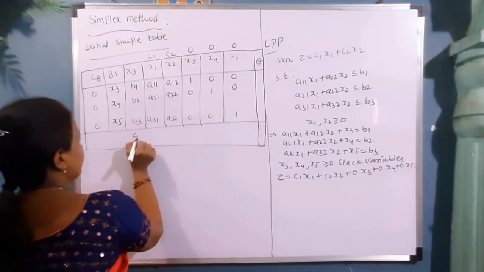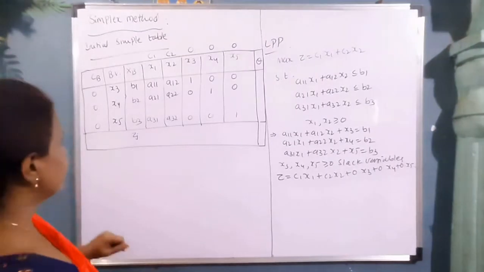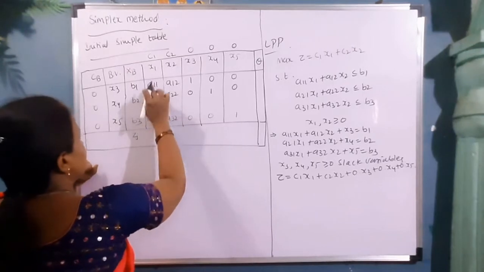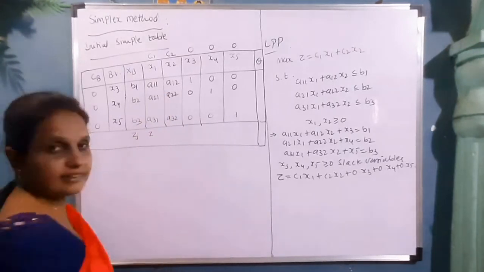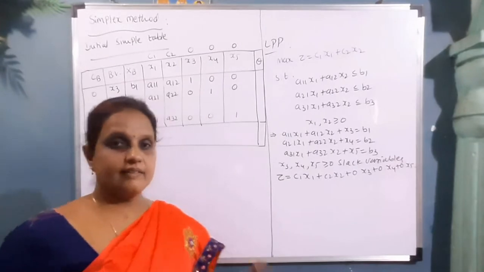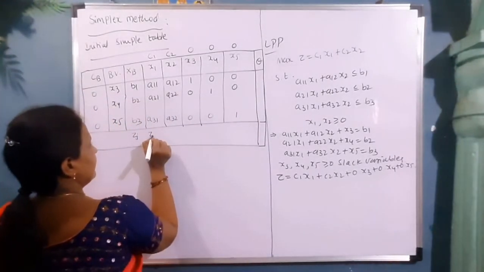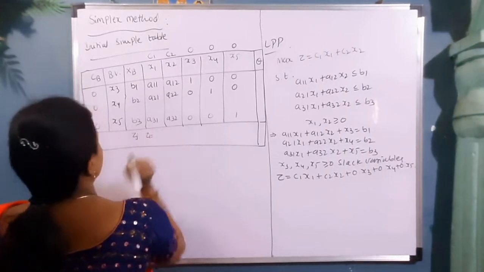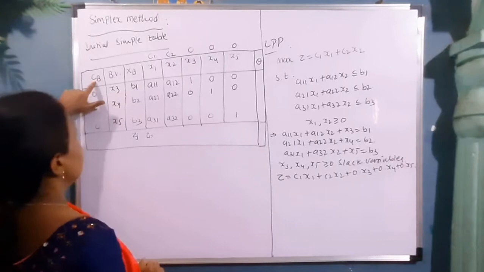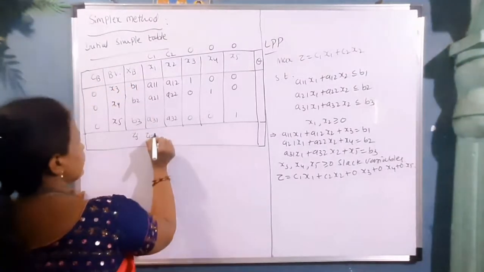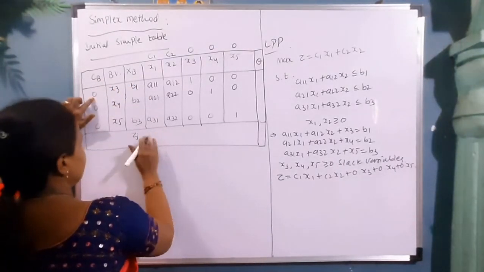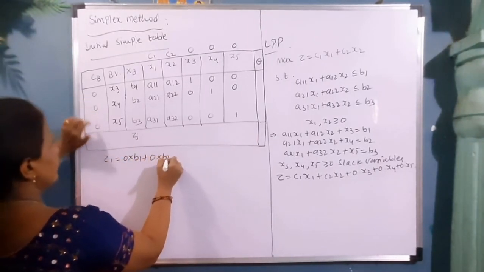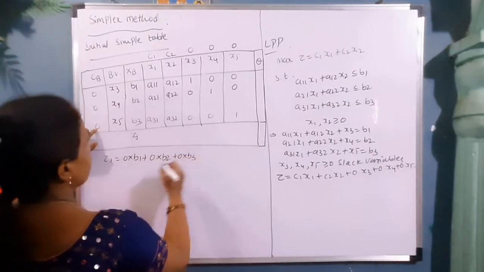Here we have to find Zj. Zj will be obtained as Z1, Z2 and so on. Z1 is CB into XB, actually taken as 0 into b1 plus 0 into b2 plus 0 into b3.